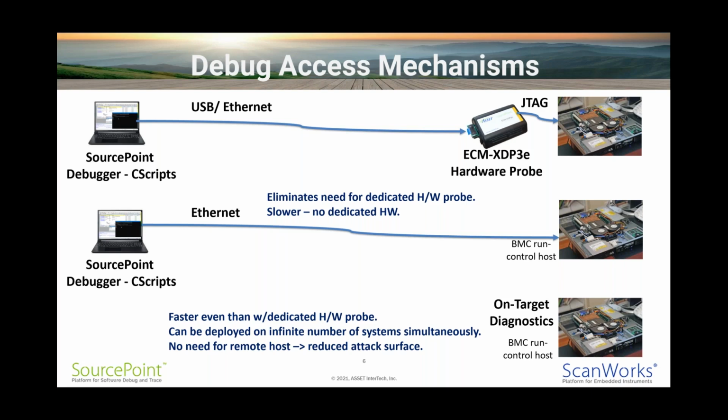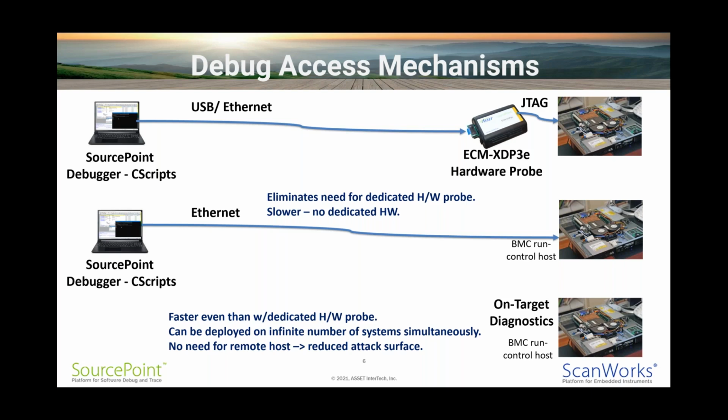As it turns out, because you're not backhauling over USB or Ethernet to the remote host and running Windows and interpreted Python and so on, the final configuration is faster than even what you can get with a dedicated hardware probe. And now you've got target-based debug agents, so you can deploy those on an infinite number of systems simultaneously.